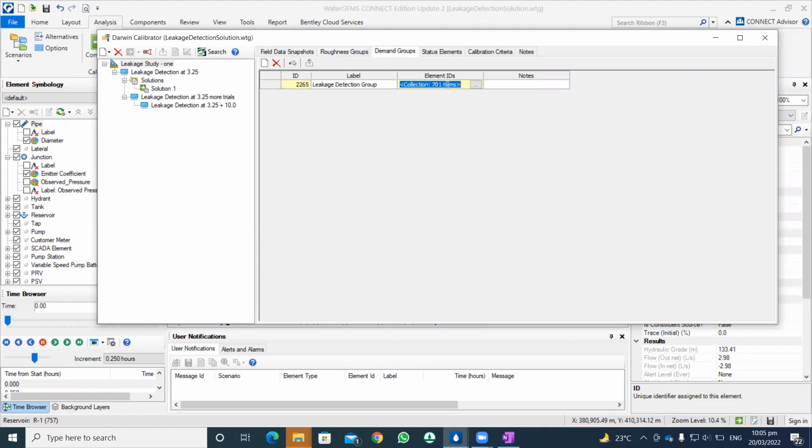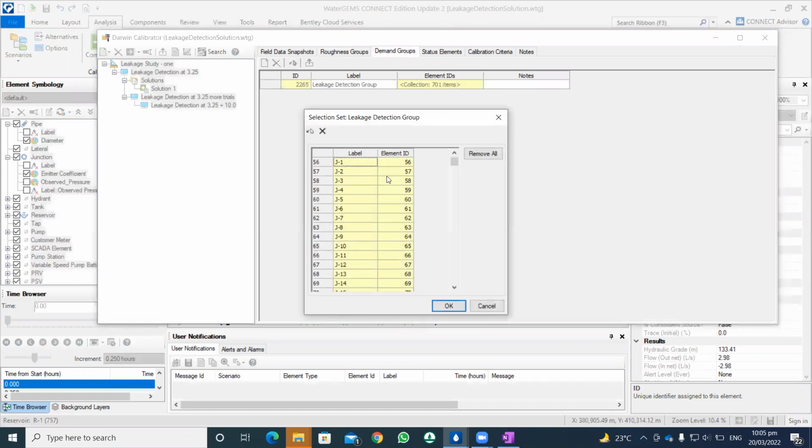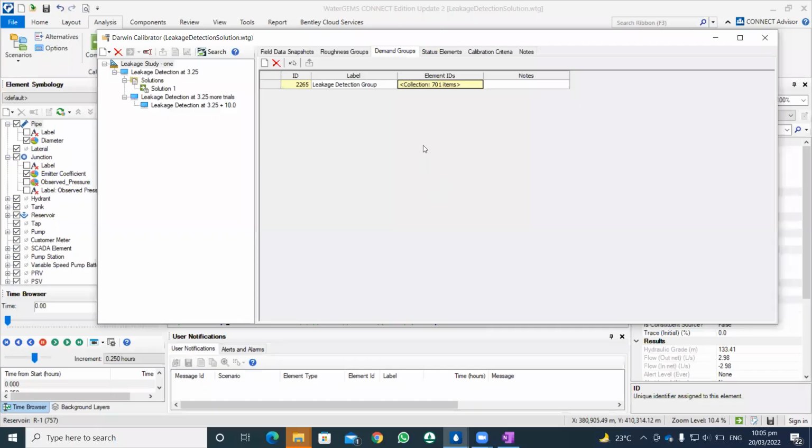Here these specific junctions have been selected as a group, to use these junctions to find where the leakage is occurring and how much demand it shows. To do that, you have to select the specific junctions, or you can also select all the junctions involved in your network. You can also define the status of the pipes in your network.